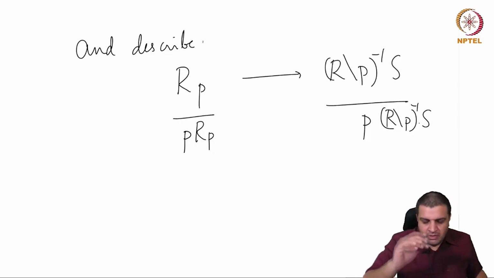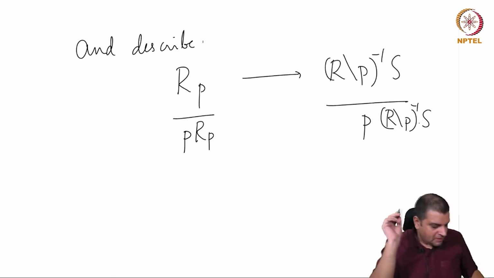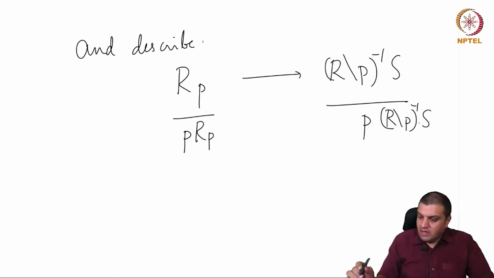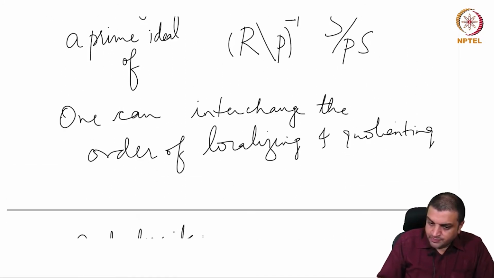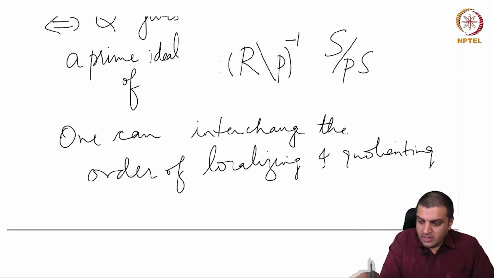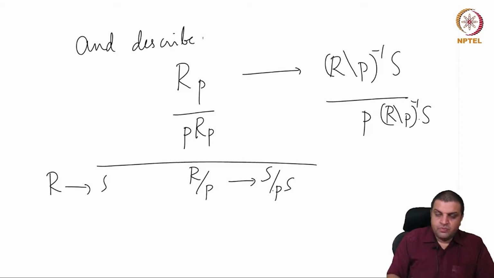Fibers of a ring: given a ring homomorphism, what do the fibers of the corresponding map on Spec look like? Just one more observation that we would like to make here. So we have R to S, then we take R mod P to S mod PS, and then we just invert all the non-zero elements here.